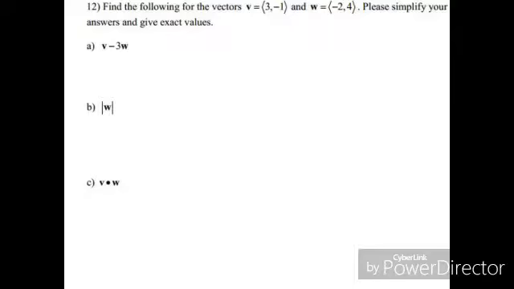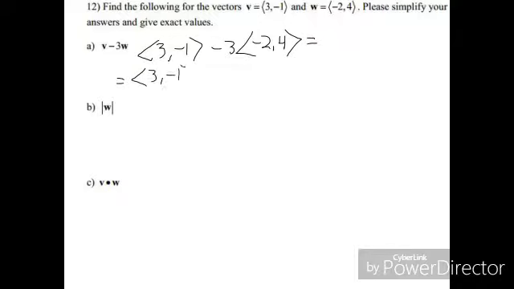Vectors. V is 3, -1. W is -2, 4. So what I would do on this problem, first off, V, that would be 3, -1, minus 3 times W, -2, 4. I don't like subtracting vectors, so I would take V, which is fine, and distribute the -3 into the vector, so I can just have plus a vector.